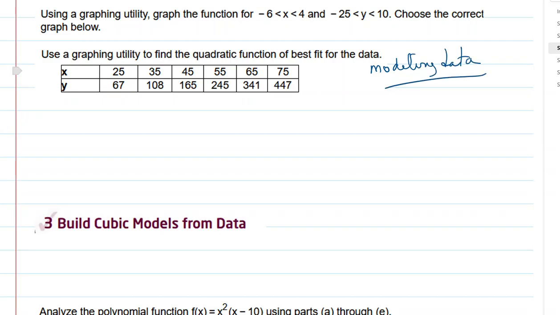We're modeling data. All right. Data is a statistical collection of relationships in any investigation, anything you're curious about. And in this case, we're wanting to find the quadratic function, which means y equals x squared, something with that parent function involved with a connection of these values.